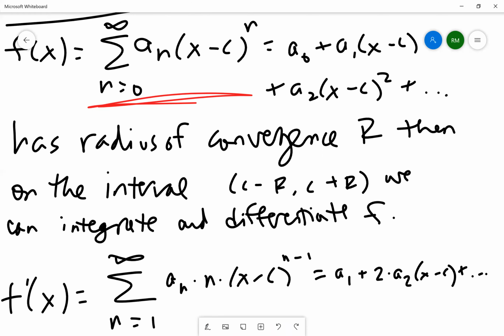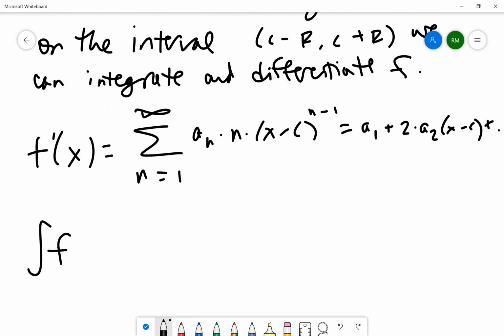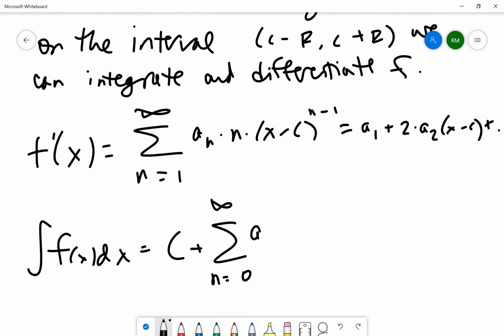And the integral is done in a similarly easy manner. So we have the integration constant, and we add the sum from 0 to infinity of an times x minus c to the n plus 1 over n plus 1.